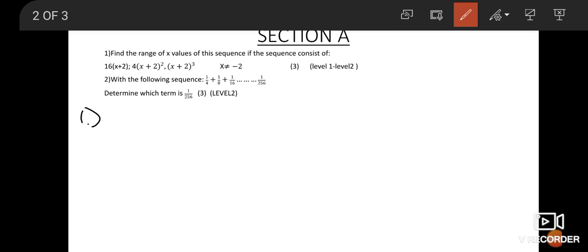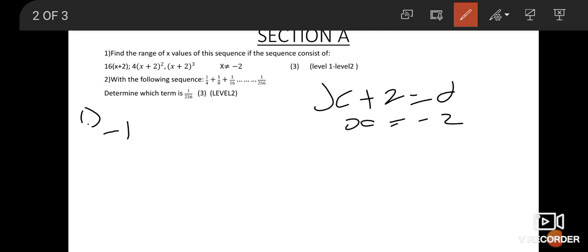They also mentioned that x cannot equal -2. So they want us to prevent x plus 2 equals 0, and we just say x equals -2. They don't want that. So basically, we have to use this specific thing right here. This right here will help us calculate the answer.